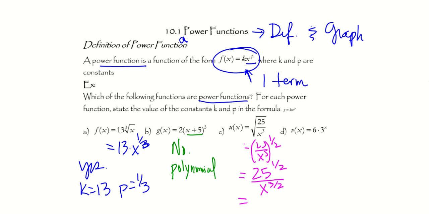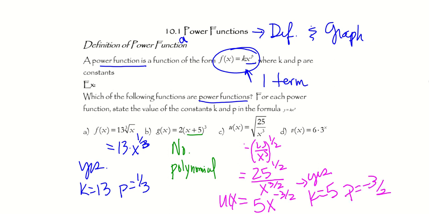Simplifying that, 25 to the 1/2 is the square root of 25, which is 5. And dividing by x to the 3/2 is the same thing as multiplying by x to the negative 3/2. So you can see that u of x, yes, right? So this would be yes. This is a power function where k is 5 and p is negative 3/2.